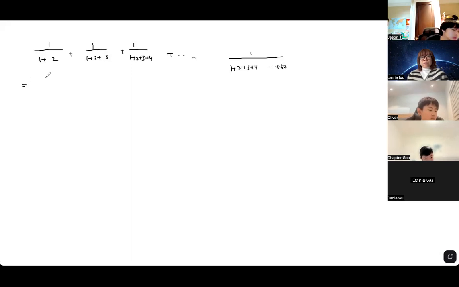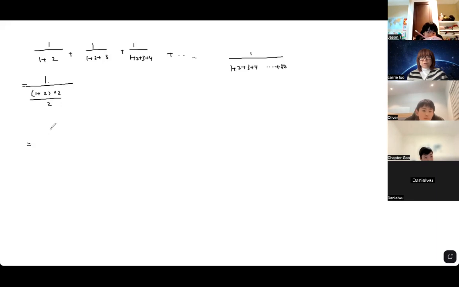Okay, so chapter, take a look, okay? So 1 over 1 plus 2 times 2 divided by 2, right? So for this one, we flip it, it equals 1 over 2 times 3, correct? Do you understand this part? Okay, so let's do the term 2. So this one, it's 1 over 1 plus 3 times 3 divided by 2, right?